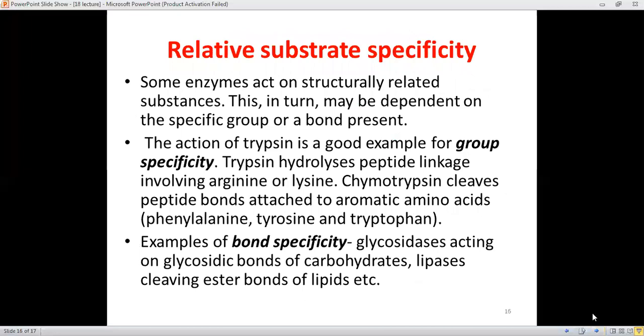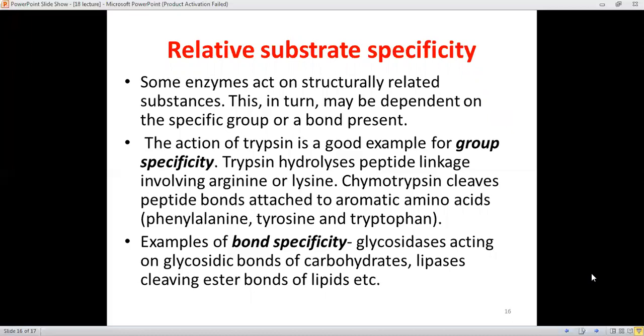Next is relative substrate specificity. Some enzymes act on structurally related substances. This in turn may be dependent on the specific group or bond present. For example, the action of trypsin is a good example of group specificity.